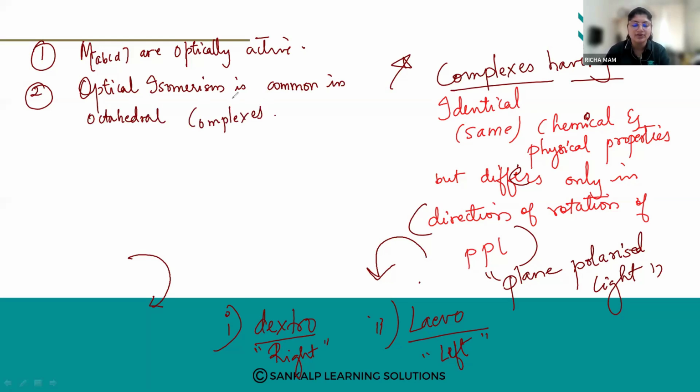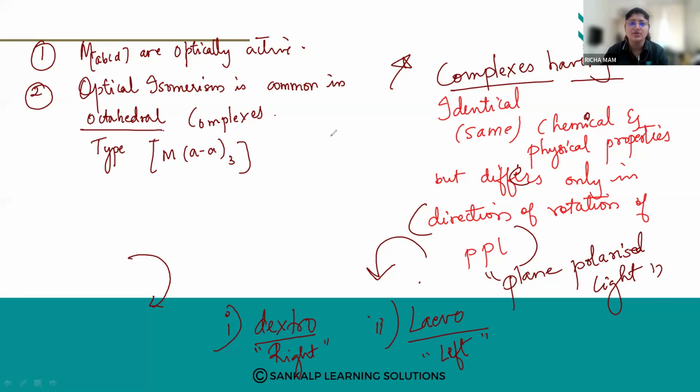The first possibility involves bidentate ligands. If you consider a type M(AA)3, what does it mean?